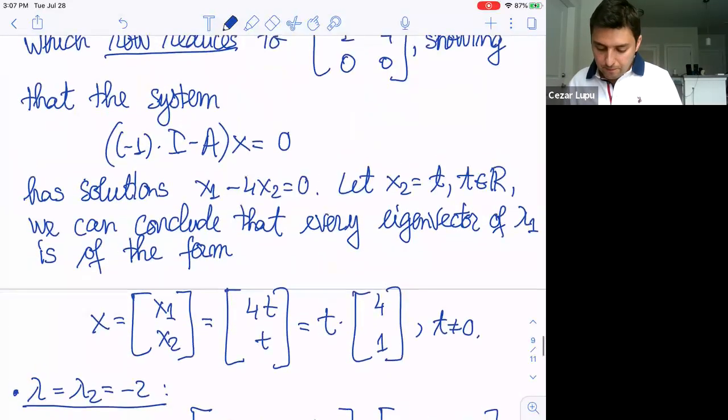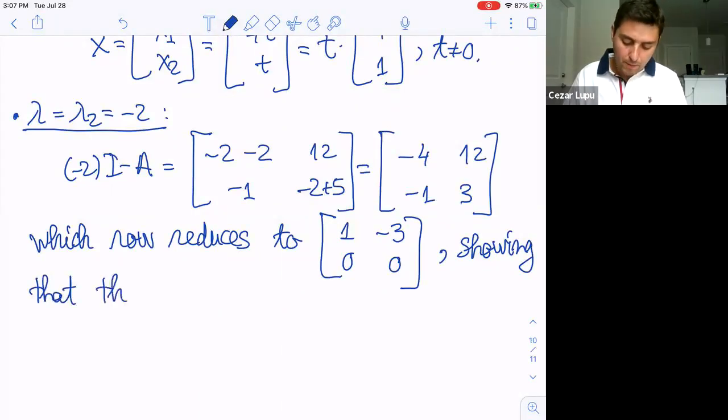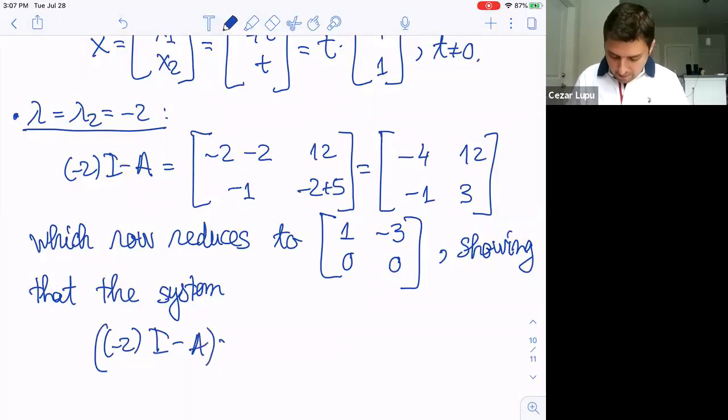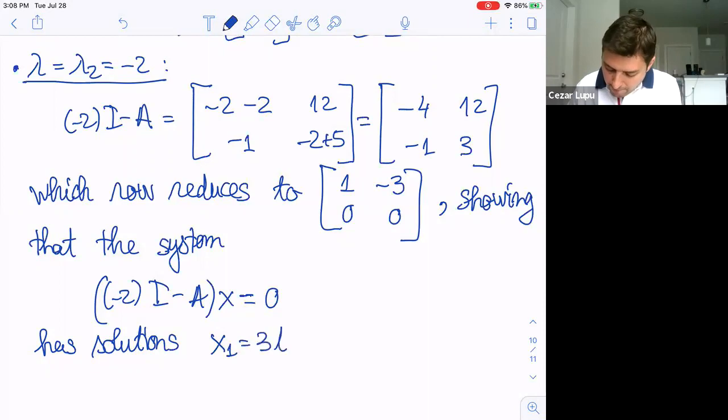Again, the system -2 times the identity minus A times x equals 0 has solutions of the form x1 will be something like 3t, and x2 equals t with t real, right?